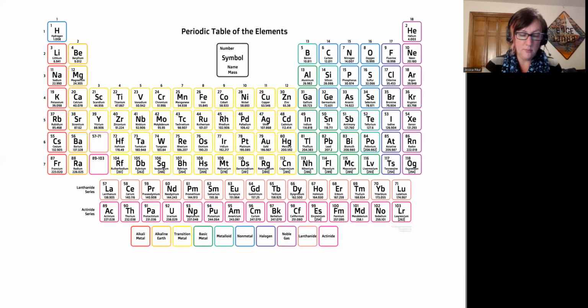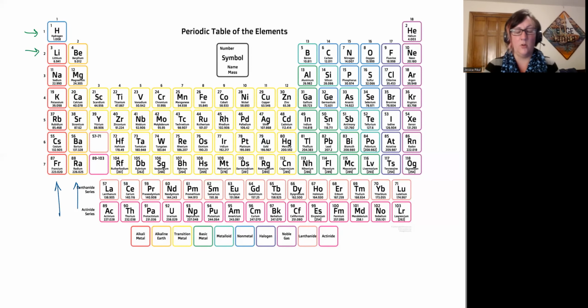So here in this periodic table, we're going to start talking about how it's organized, and we'll dive deeper and deeper into that. So first, let's talk about the rows and the columns. As this is organized, we have columns and we have different rows along it too.